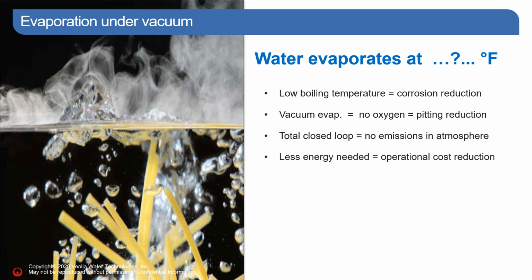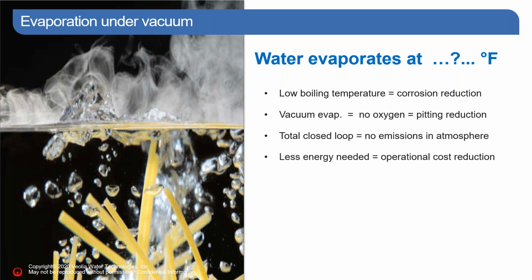We're using a vacuum, so we're pulling the oxygen out. This reduces the interaction on the surface with the oxygen. You reduce your pitting, which again reduces corrosion, and you end up extending the life of the components inside of the product. It's a closed loop, so it's completely closed, with covers, so there's no emissions to the atmosphere, which is a nice benefit, especially in the environment we're in today.